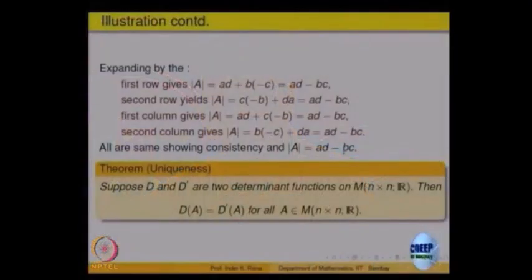So, that is uniqueness. We will not prove this, we will assume that. So, the definition of determinants by expanding by rows or columns gives a unique way of expressing determinant as a function on a matrix with those three properties.